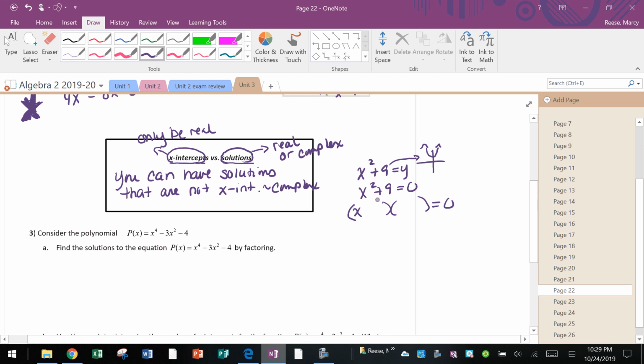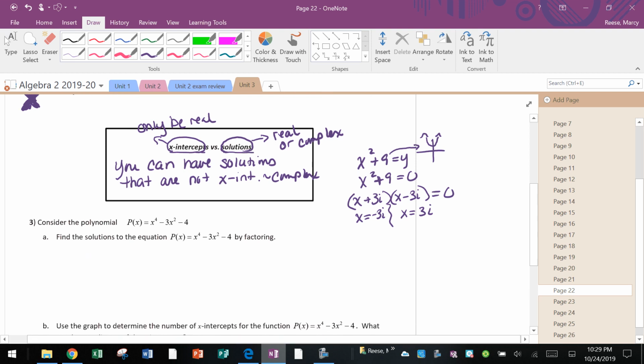So this is not a difference of perfect squares, this is a sum. So it's x plus 3i and x minus 3i. So your answer is, there are solutions, but see them right there? They're solutions. There's negative 3i and 3i, but they're not x-intercepts because that graph will never cross the x-axis. So that's what we're jumping into right here.